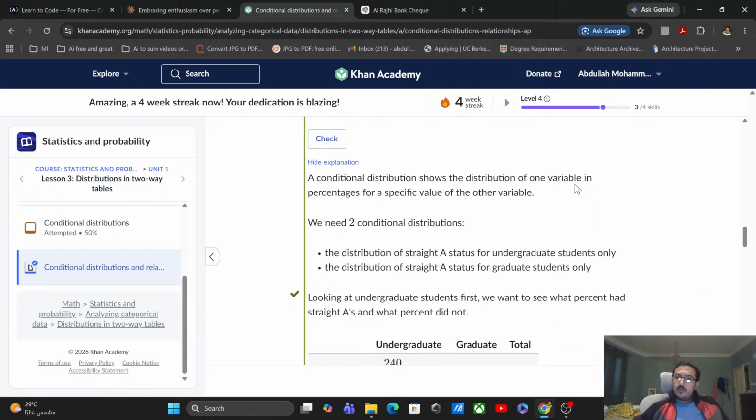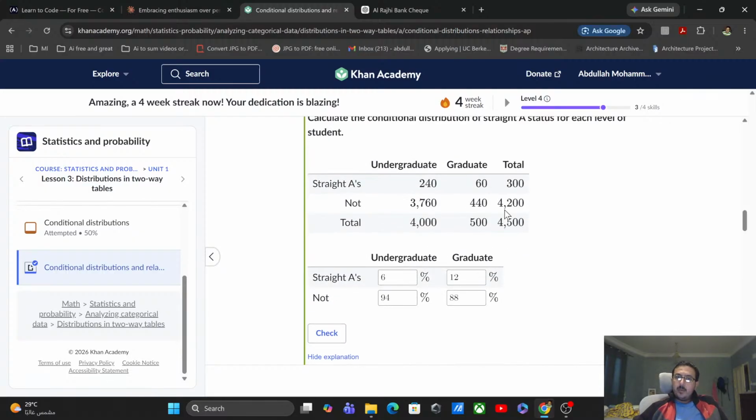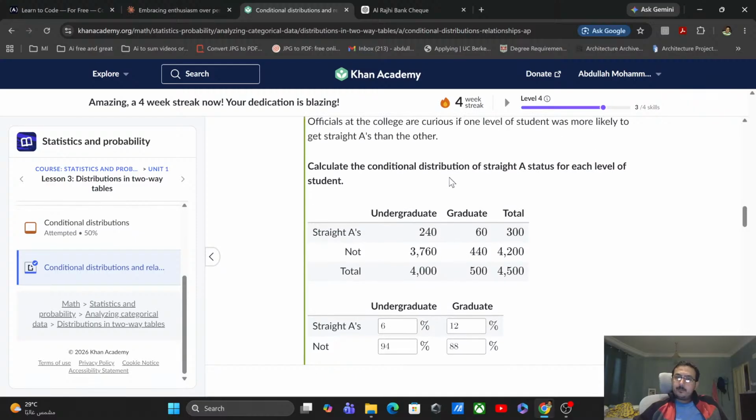A conditional distribution shows one variable in percentages for a specific value of the other variable. What does that mean? Straight A for each level.